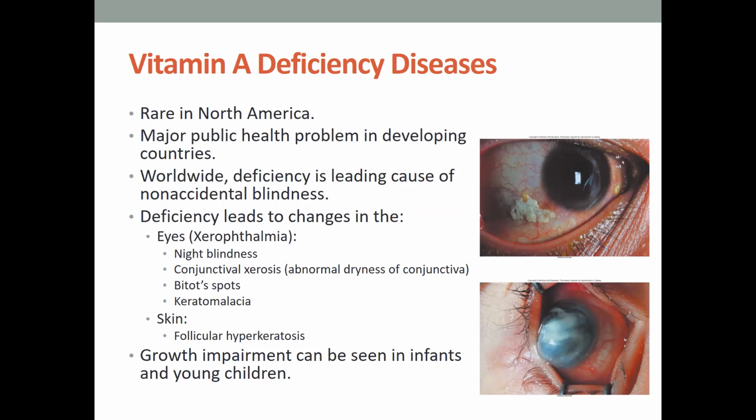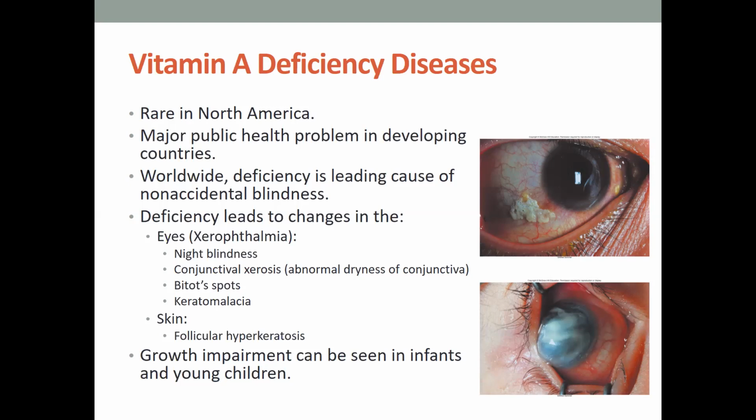But it is actually a major public health problem in developing countries. So if you think about some of the countries in Africa or India, this is where we might see something like that. Worldwide, deficiency of vitamin A is actually the leading cause of non-accidental blindness. So this truly is a global public health problem.